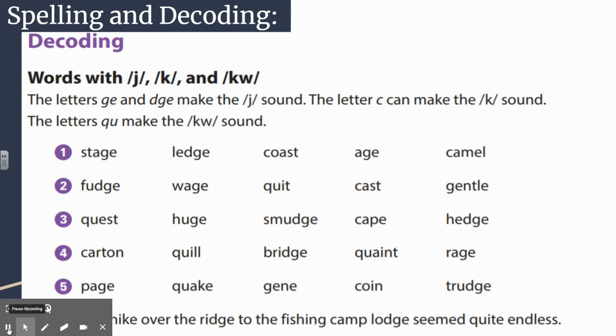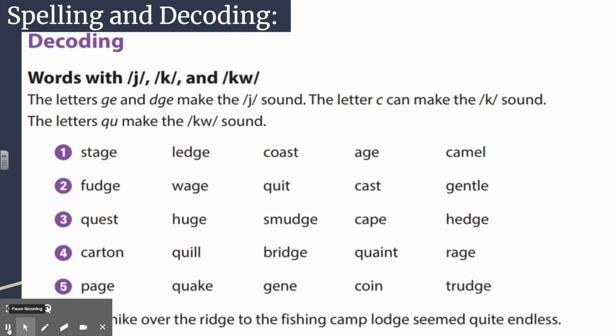Remember, the letters GE and DGE make the same sound, but D is just acting like a blocker. So that is a signal that you're going to be making the short vowel sound when you see that D. If you don't see the D, you're going to know that it's a long vowel sound.